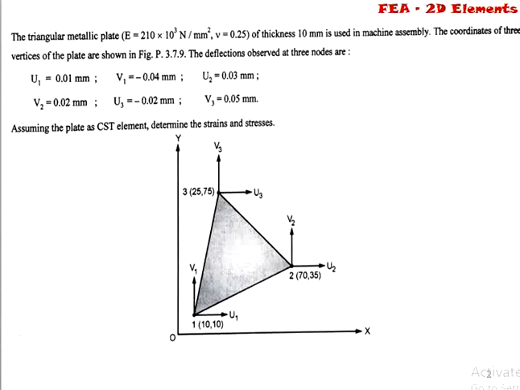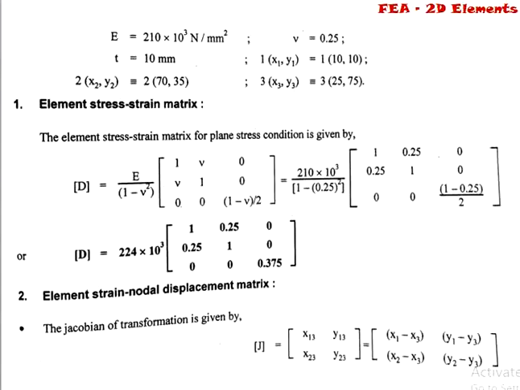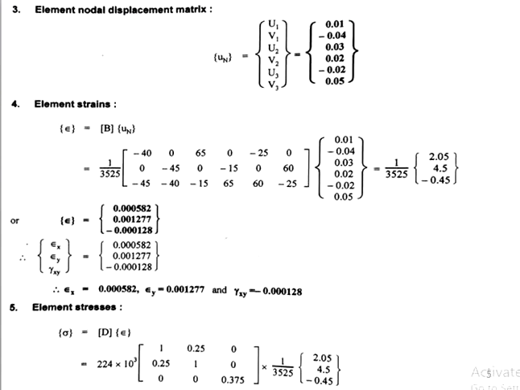Okay, so the main objective is to calculate stresses. Here deformations are already given, so our main objective is to find stresses. The stress and strain relation is given, that is sigma is equal to D into epsilon.